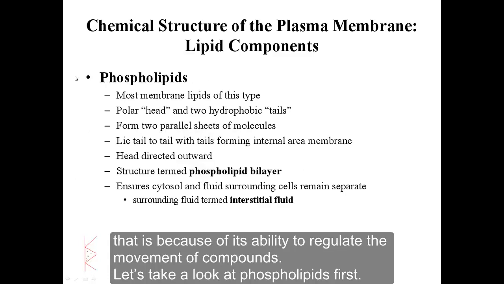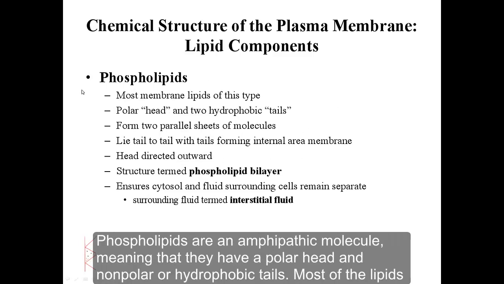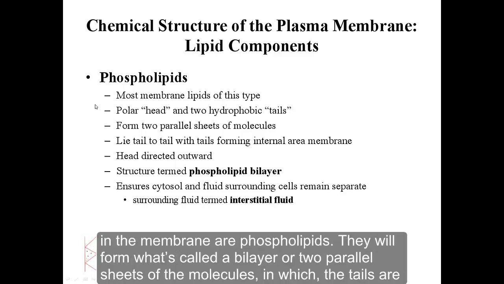Let's take a look at phospholipids first. Phospholipids are an amphipathic molecule, meaning that they have a polar head and nonpolar or hydrophobic tails. Most of the lipids in the membrane are phospholipids.